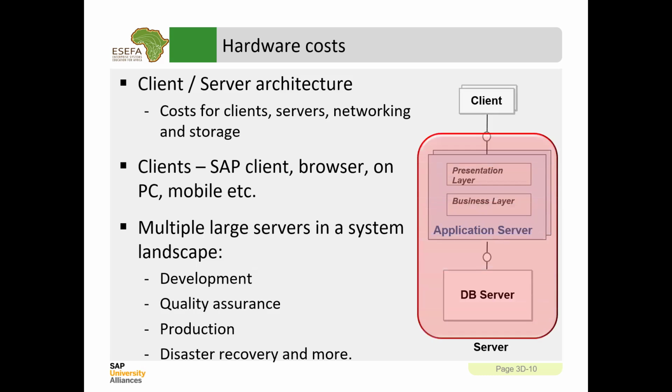So multiple layers of server in a system landscape: development, quality assurance, production, disaster recovery. You can have all of this as part of your hardware. You would have a quality assurance structure in place.